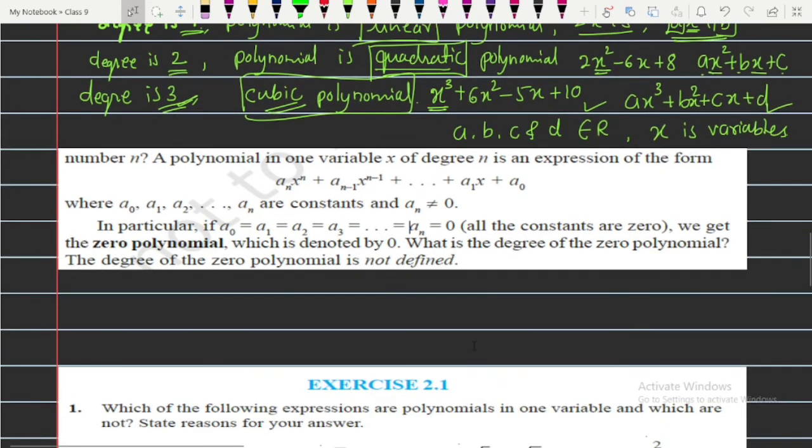Now, a polynomial whose degree is n: how can we write its standard form?